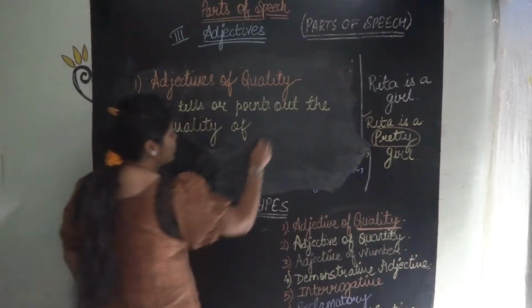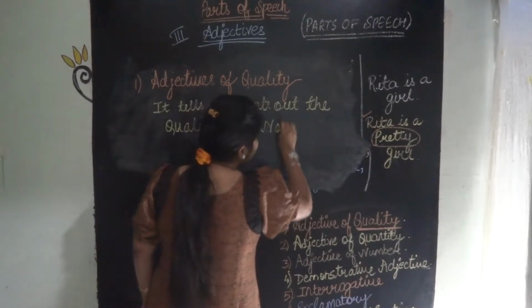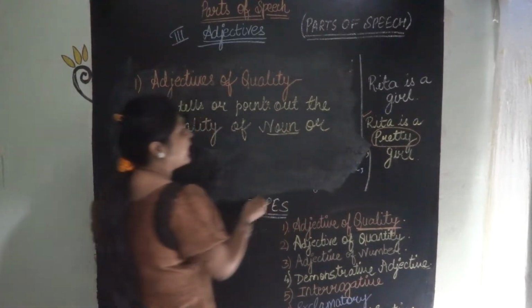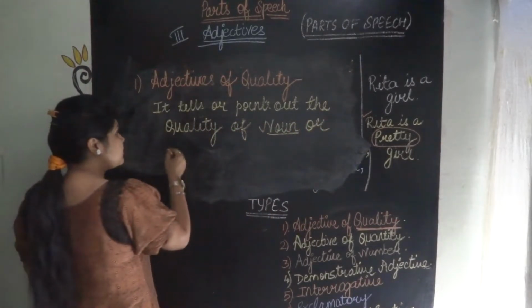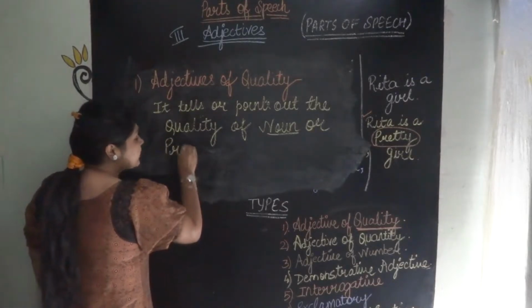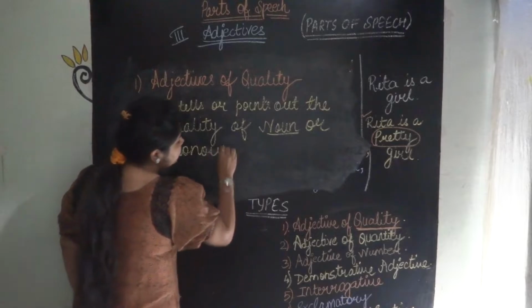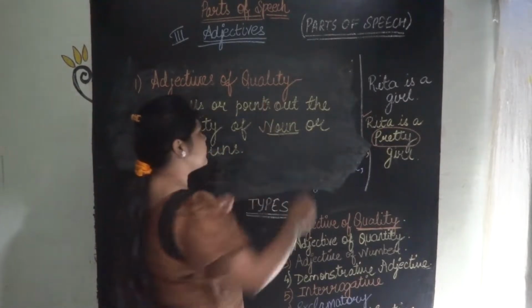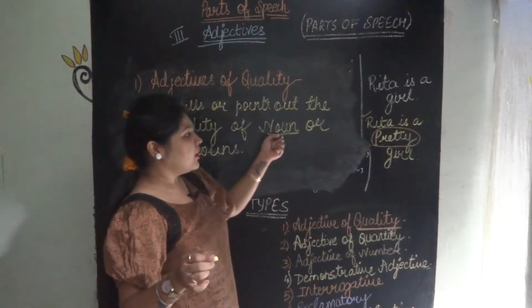Again, of a noun or a pronoun. In noun we can say name, person, place, animal or thing. So in adjective of quality, we are just pointing out the quality of a noun.